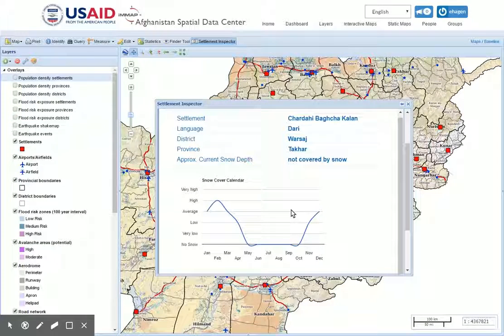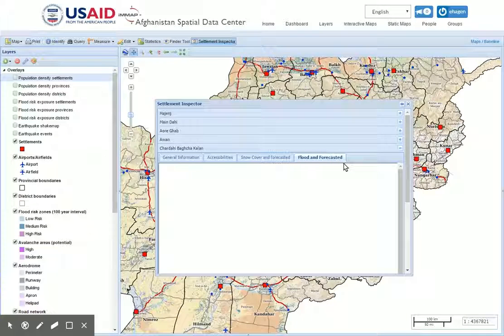And that means the village center point, because as said, a village can have a wide range of influence. For instance, the mountain behind it or next to it can be covered by snow, but the village itself, where the center point of the village is located, will not be covered by snow. In February, you have a high likelihood of snow occurring, whereas in the past 10 years, there was never snow in May, June, July, or September.